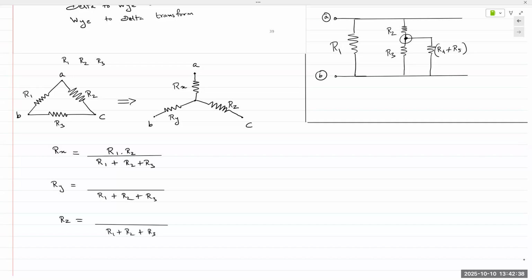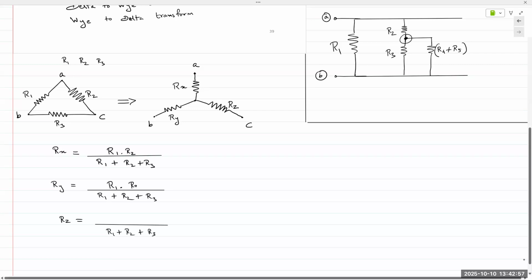So what do we have for Ry? R1, R3, absolutely. And for the last one, R2, R3.